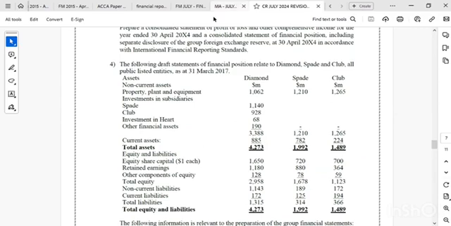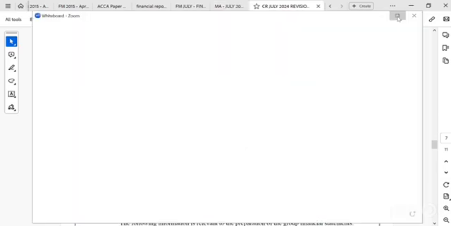Okay. So, since it's going to be the statement of financial position, go and do everything and put the figures of the parent into the statement of financial position before any other figures that will be coming.